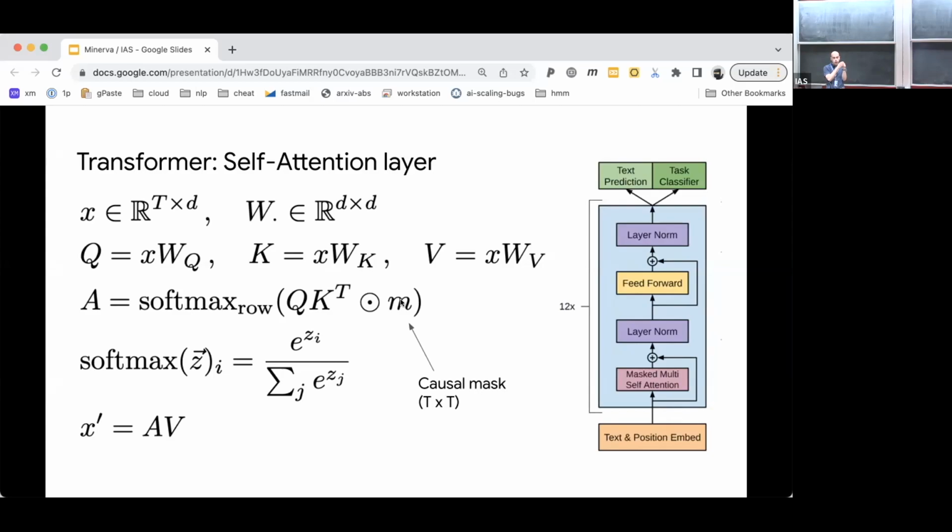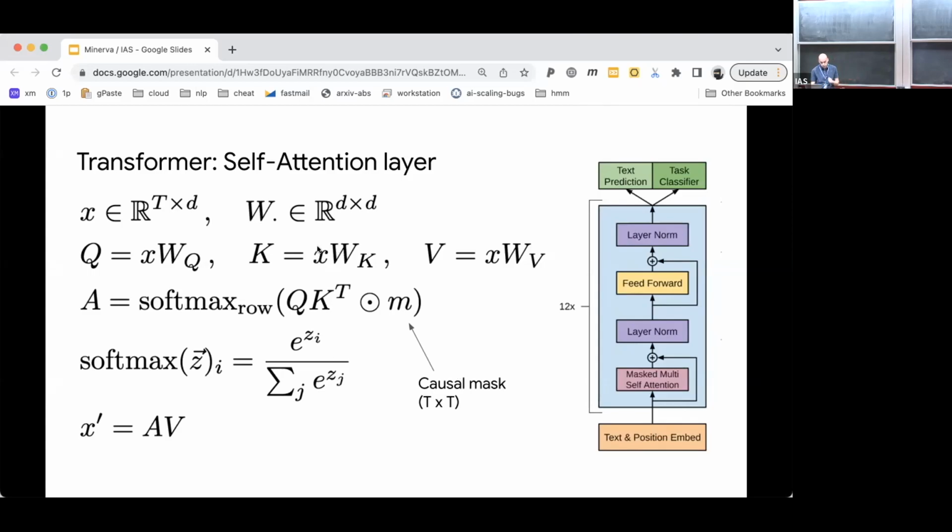So for every token, we look at everything that's to the right of it and we assign it 0 weight. So this matrix is simply a lower triangular matrix that has 1s under the diagonal and 0s on the diagonal and above. So it just enforces causality here, meaning that the new value for the token can only depend on the things that came before it.